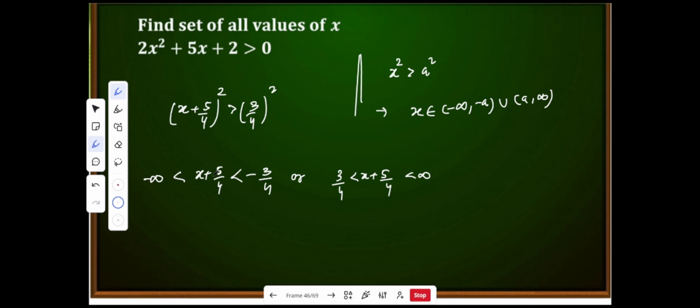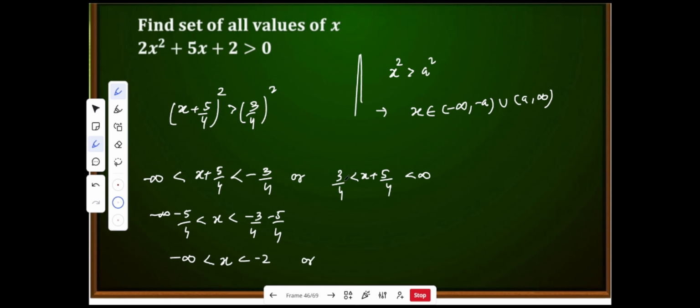Once you solve this, you just subtract 5 by 4 everywhere. On the left, minus infinity minus 5 by 4 is again negative infinity, and on the right, minus 3 minus 5 is minus 8 by 4, which means minus 2.